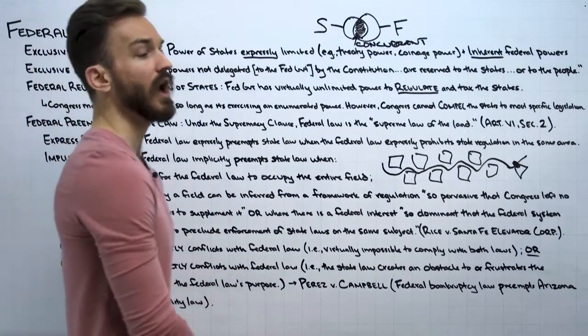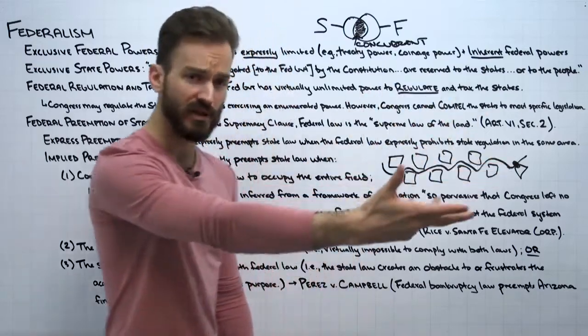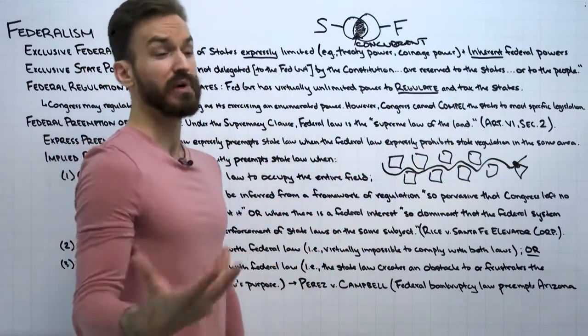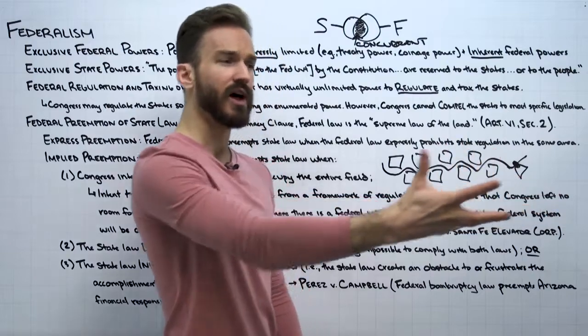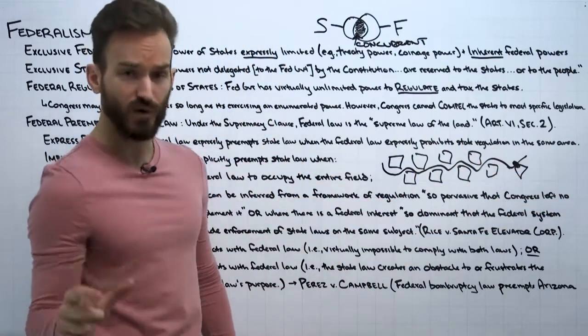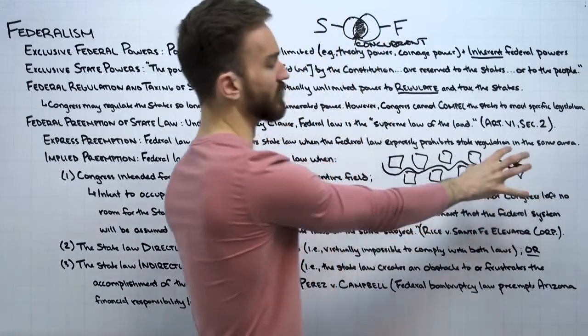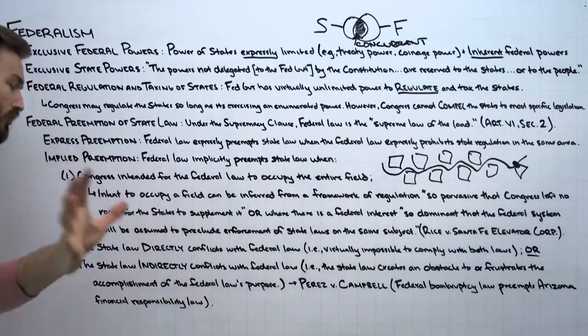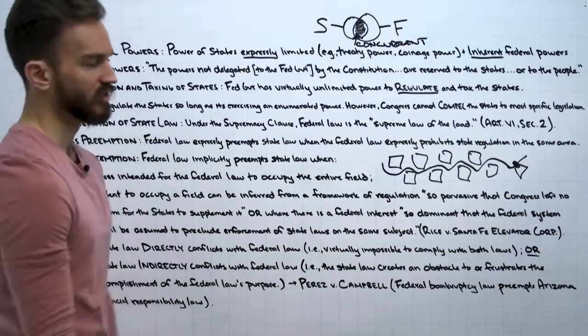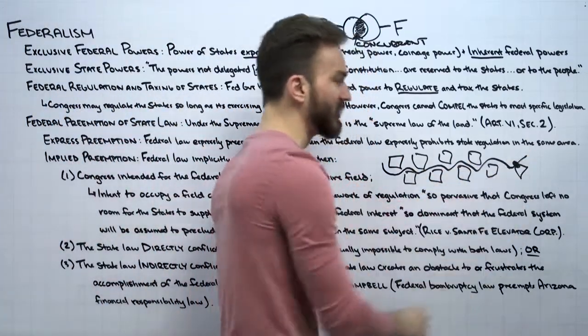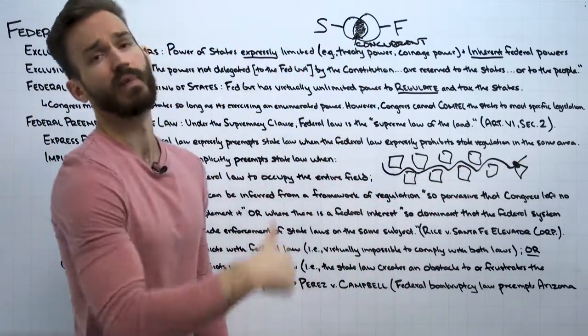So even if they come in and add something that supplements it or imposes a penalty for violating the federal law, even if it's not in direct or indirect conflict, they're not allowed to even slightly touch on these fields, because Congress has left no room for the states to come in. So no matter how small it is, that law will be preempted by federal law.